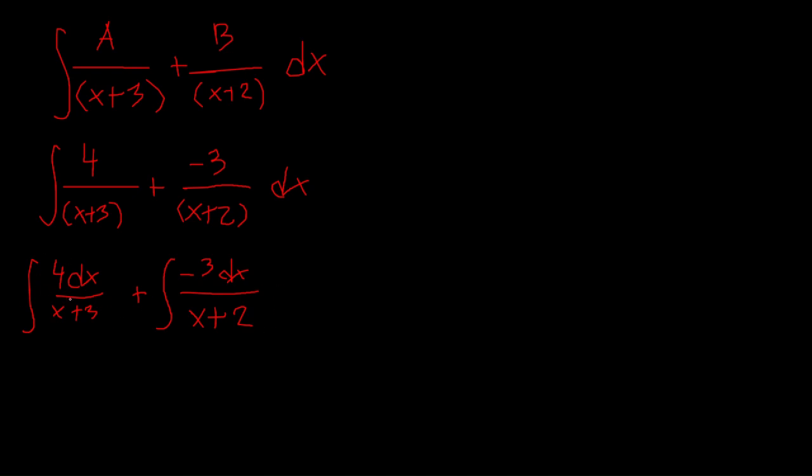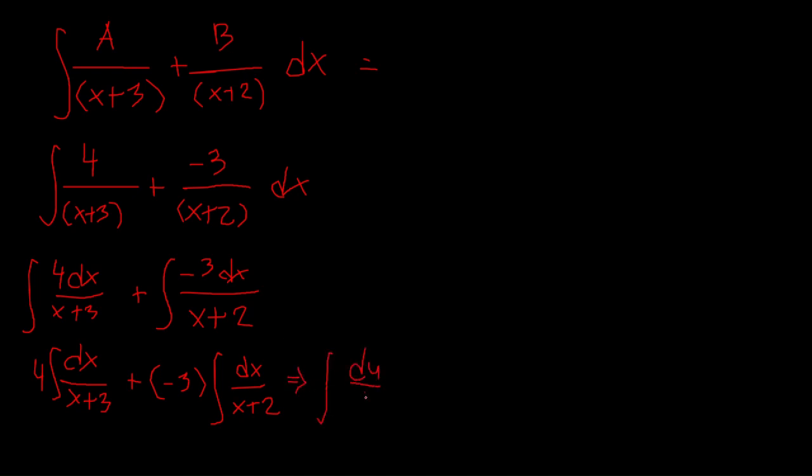And then here 4 and negative 3 are both constants, so we can separate that on the left side, plus negative 3 dx over x plus 2. And then this is another familiar formula. Essentially, it's the same as du over u. So we can just let u equals x plus 3 and u equals x plus 2. I'm just replacing the denominator as u.